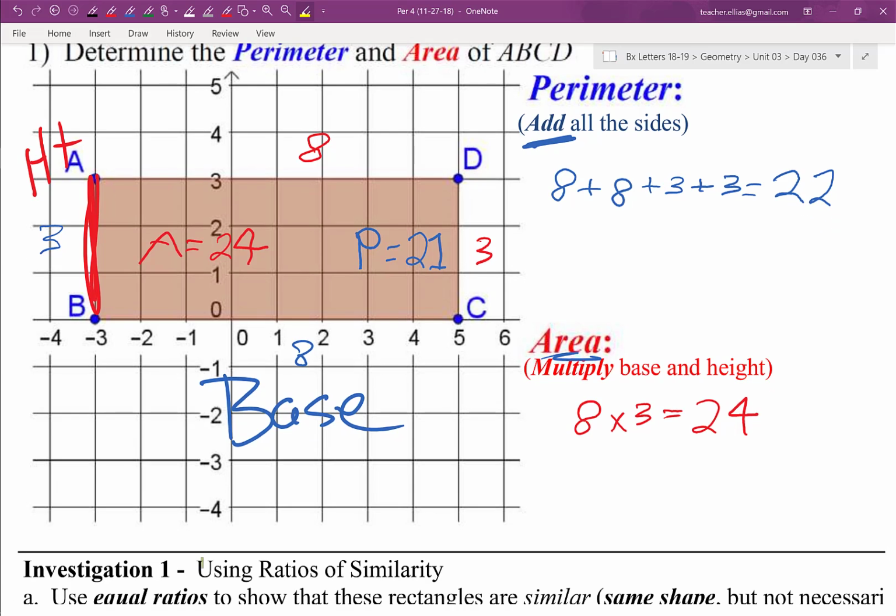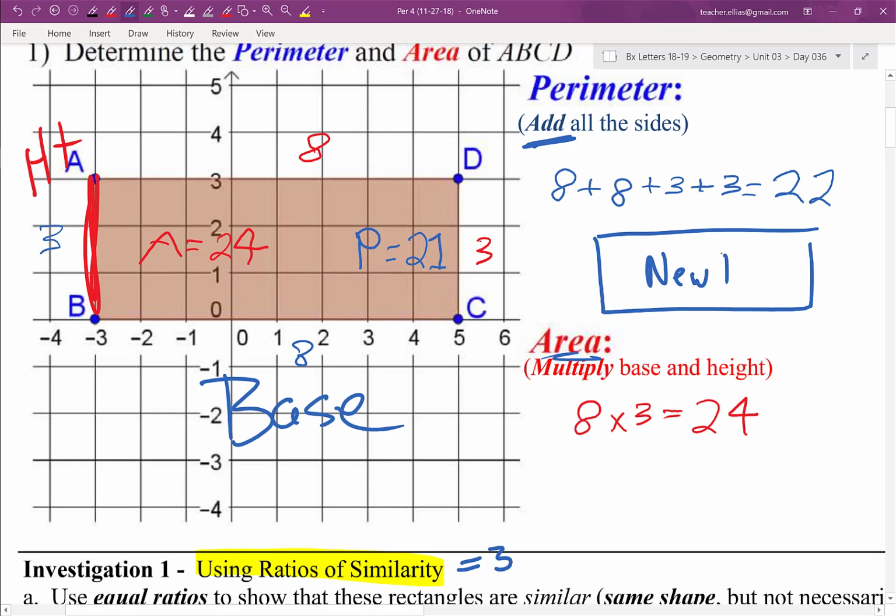Today's lesson is going to be about this idea of using ratios of similarity. Okay? So I'm going to try and open it up. If I tell you the ratio of similarity is 3, and you use this rectangle, what would be my new rectangle?